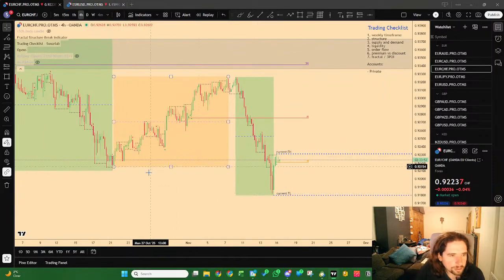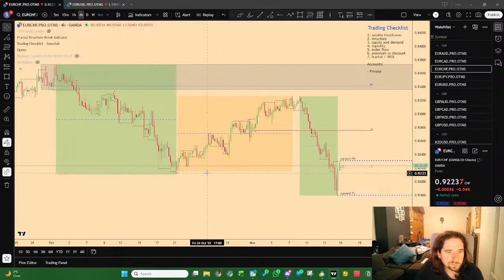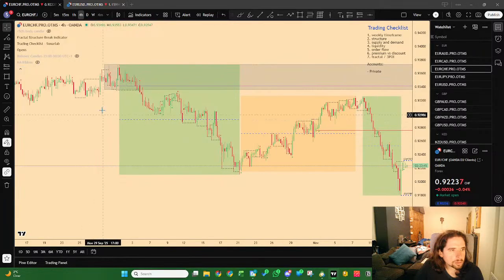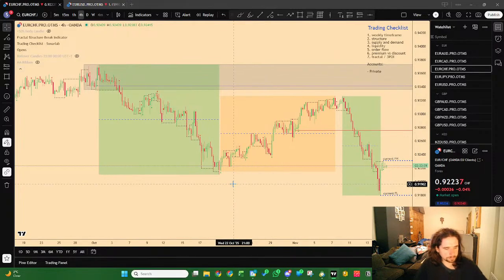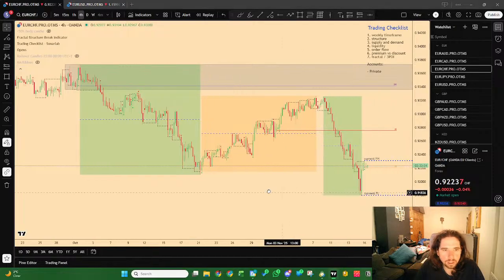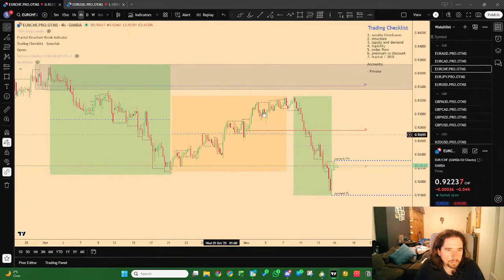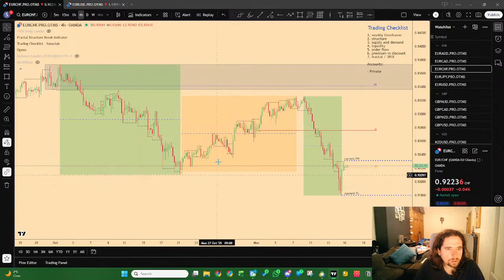So we had a nice little change of character, and then the market crashed. And then we had a pullback into this liquidity here. Didn't quite take this liquidity up here, but that's fine.